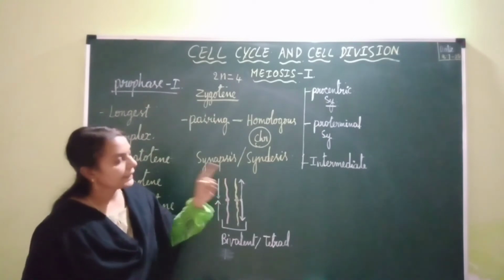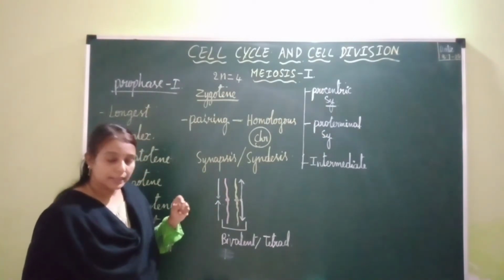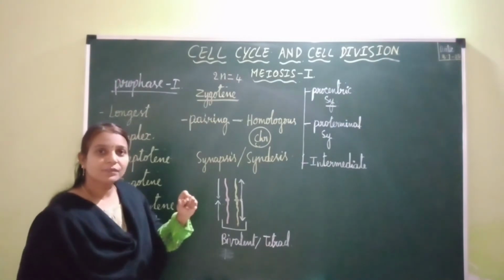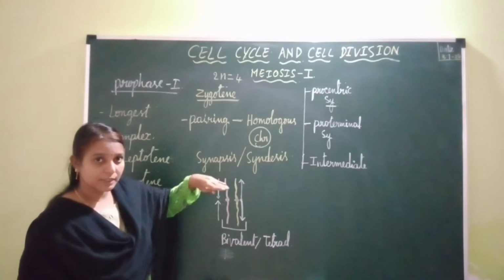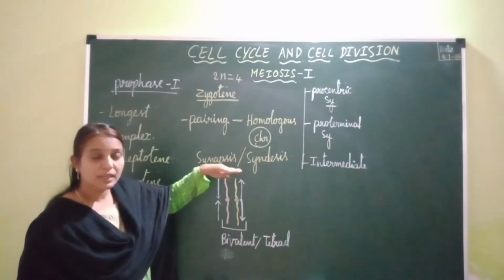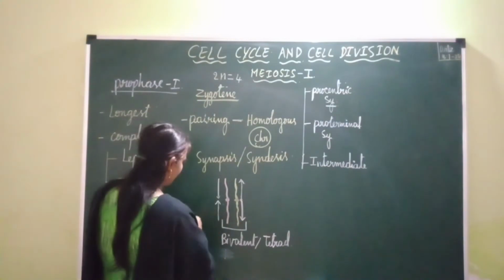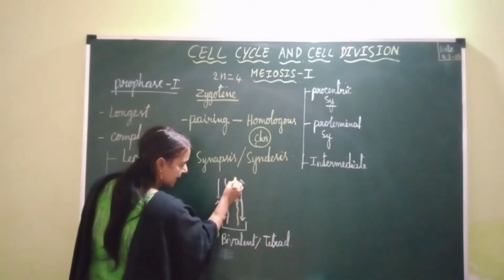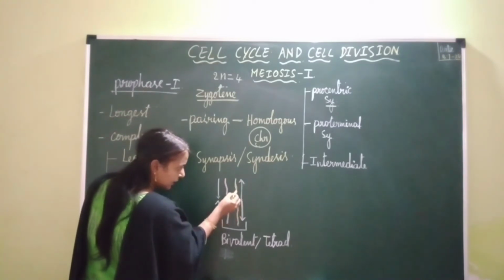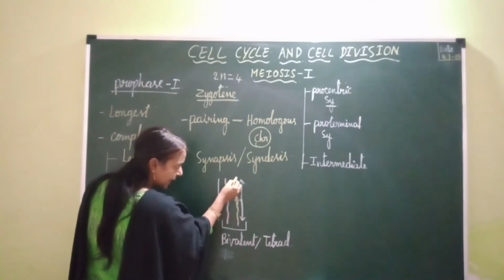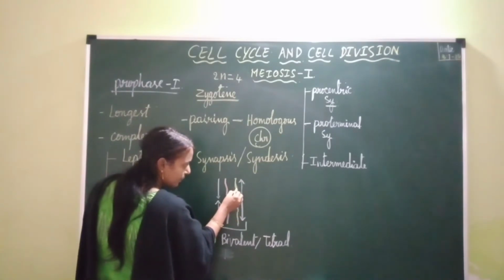Now coming to intermediate synapsis. In this case, pairing starts from midway and extends towards the ends of the chromosomes and towards the centromere. So what is midway here? This is the end of the chromosome, and this is the centromere. The point present between the end of the chromosome and the centromere is called the middle point.